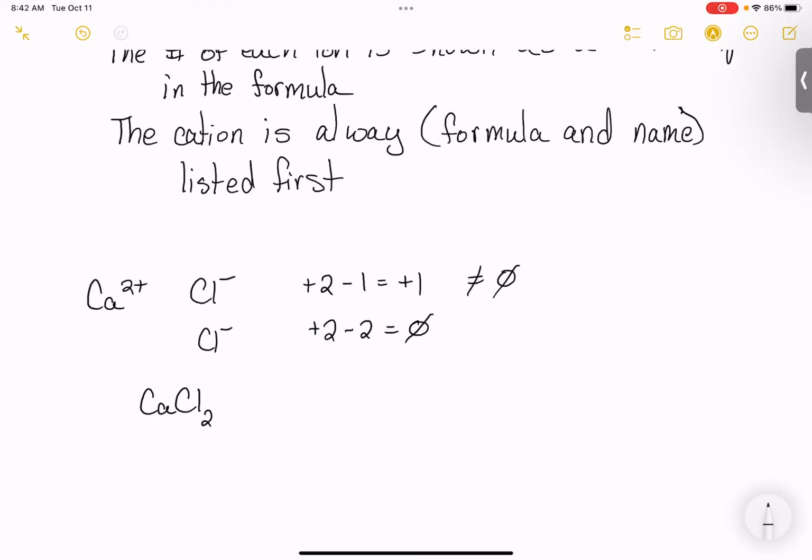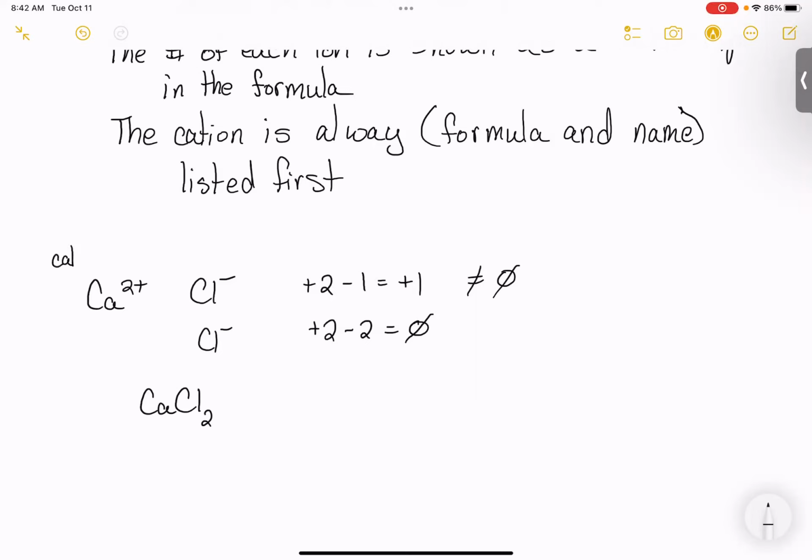We illustrate the number we needed as subscripts for each element. In naming this compound, if you'll recall, calcium, because it is in group 2, it's always a +2. There's no question about it.